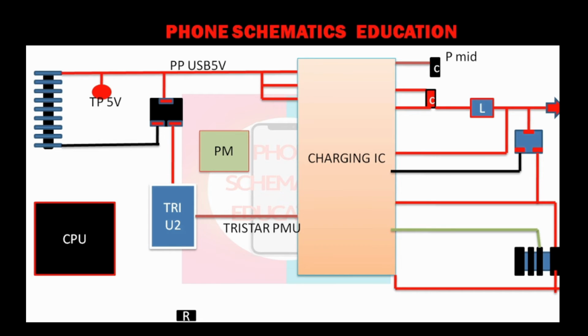Now the gauge IC senses whether the battery is connected or not. Also what the battery status is, how much the battery is charged at a time, or how much is required to charge the battery full. From analog to digital it converts, and this information is given to the CPU, right?